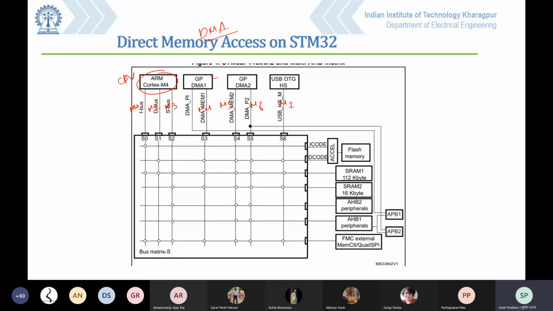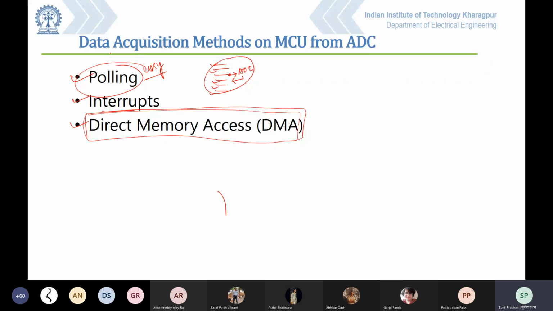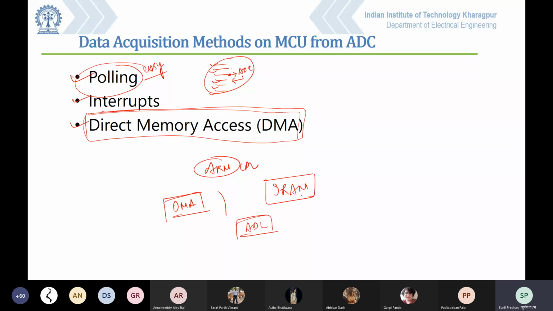What this direct memory access will do, like in the previous slide, assume that this is our ARM CPU, this is my DMA controller, this is my ADC, and this is my memory, my SRAM. There are buses.